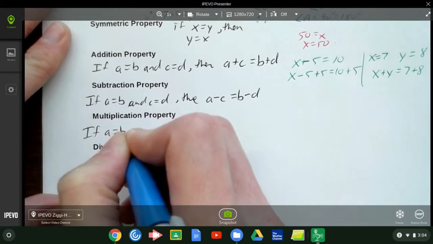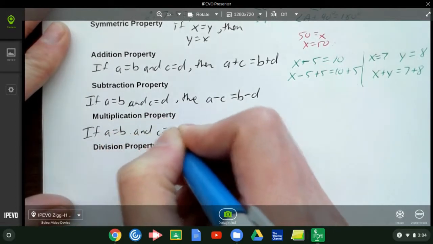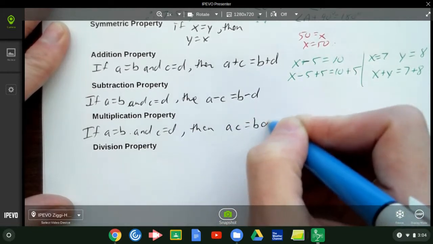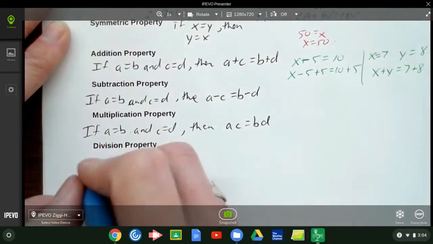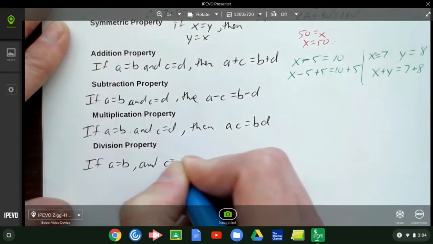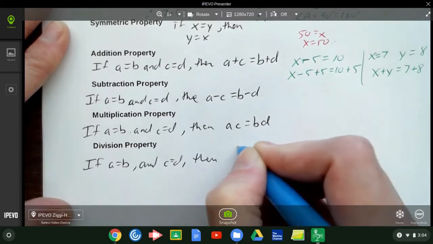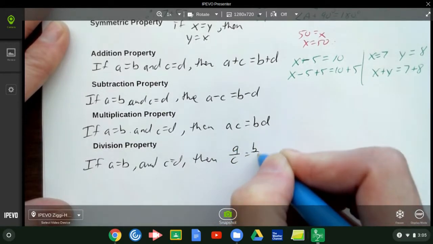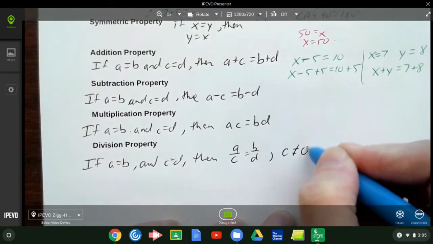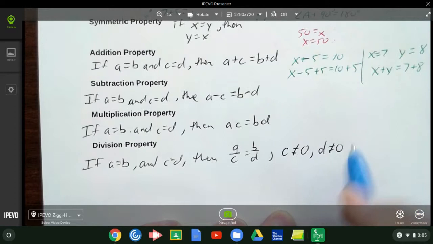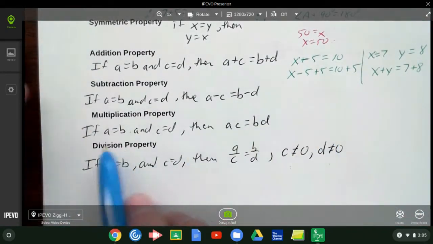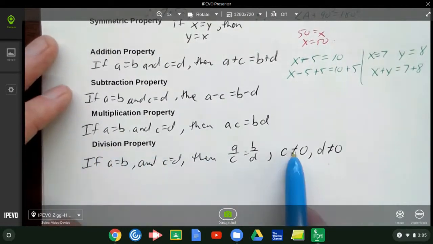Multiplication: if A equals B and C equals D, then A times C equals B times D. And then division: if A equals B and C equals D, then A over C equals B over D. There is a slight catch though, as long as C does not equal 0 and D does not equal 0. If C equals 0 in this problem, then the whole division doesn't work. But that doesn't often happen.